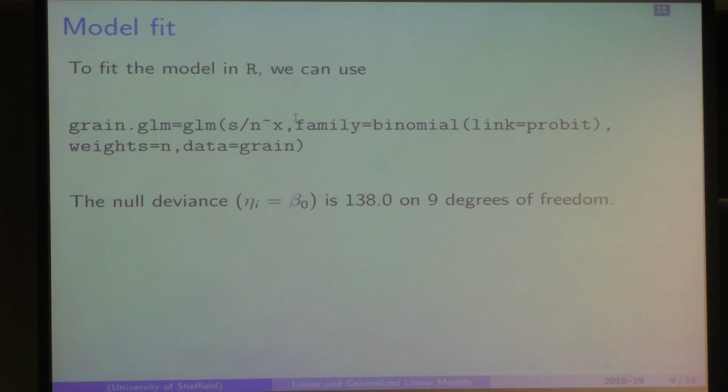Okay, so what do we get? Null deviance: there are 10 data points here, so 9 degrees of freedom for the null deviance. We get a pretty large value, 138.